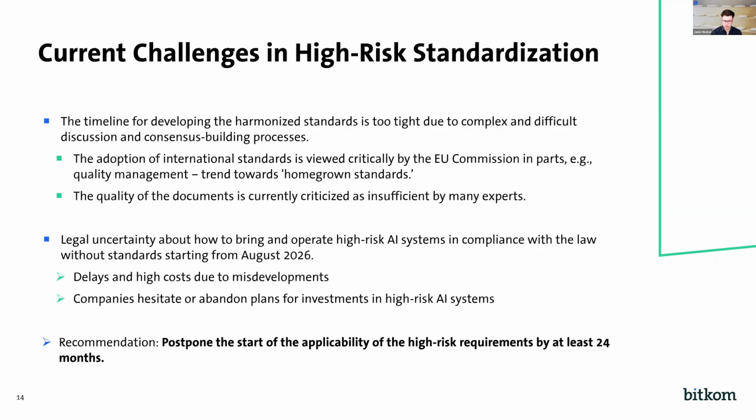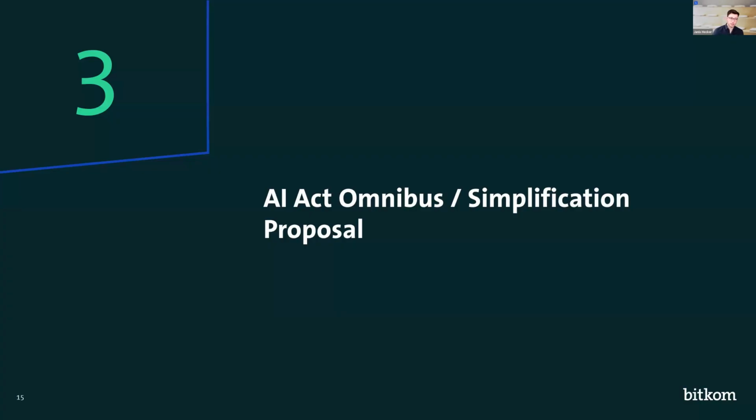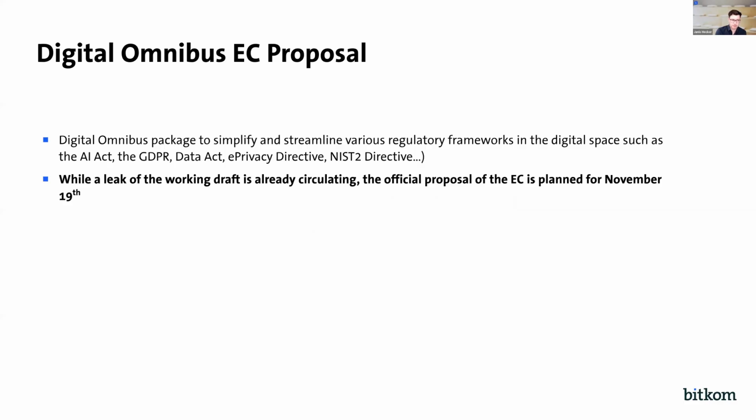With that, I want to lead directly over to the process we currently see on the European level that is particularly deciding over these questions: what changes can be made to the AI Act, and what can be done to simplify it to make it better operable. This is the so-called digital omnibus process. It includes more than just the AI Act, also GDPR, for example, the Data Act, and other data laws.